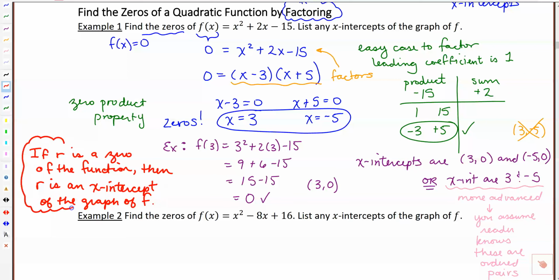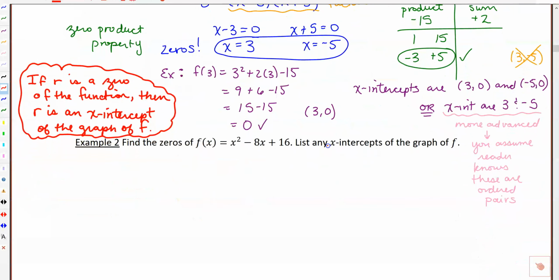All right, so this idea about zeros and intercepts, they're the same. Makes it real easy to answer that intercept question.